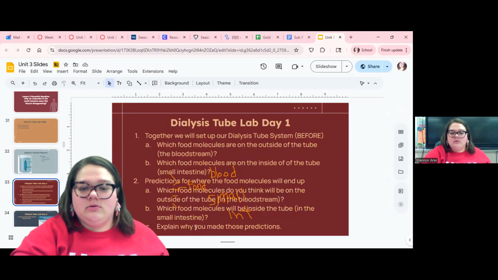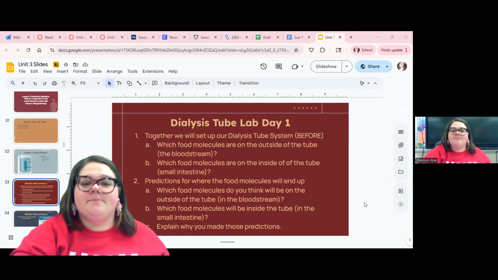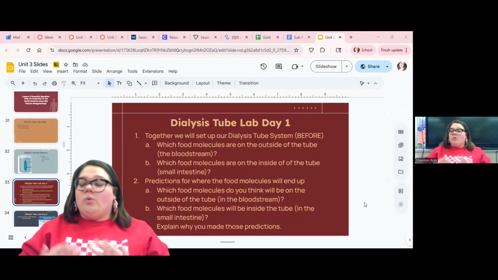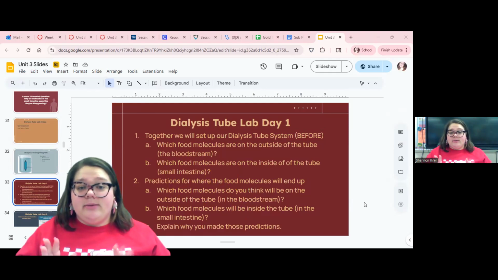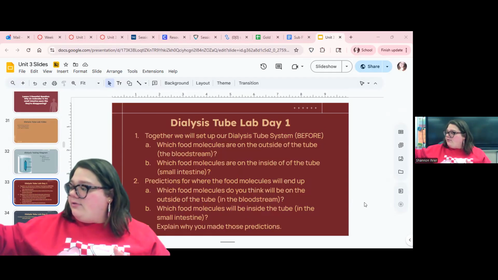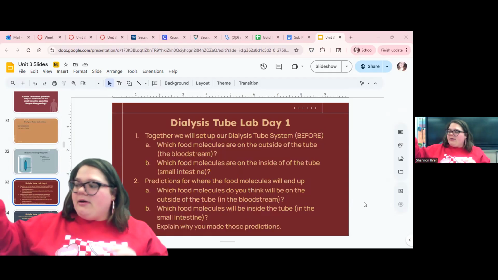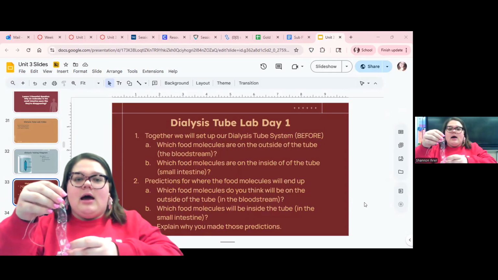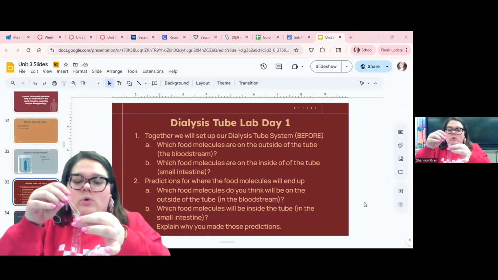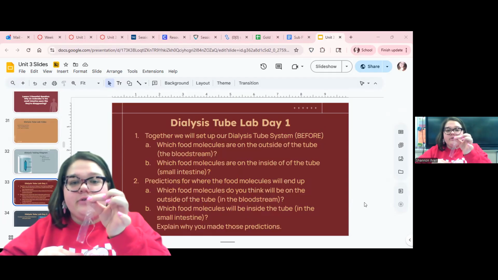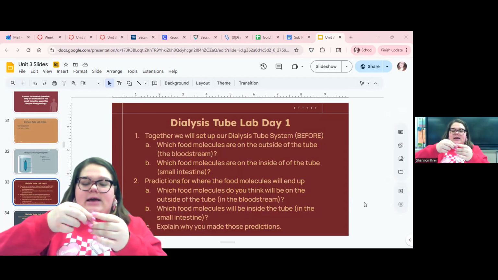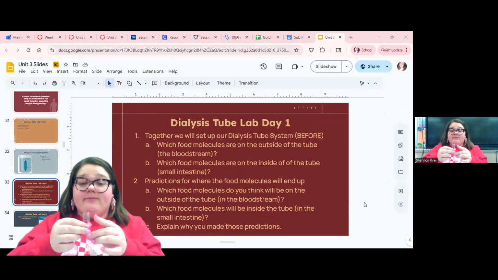So I have the dialysis tube set up here. I have one side tied off with some dental floss. And on the inside, we're going to put some food.